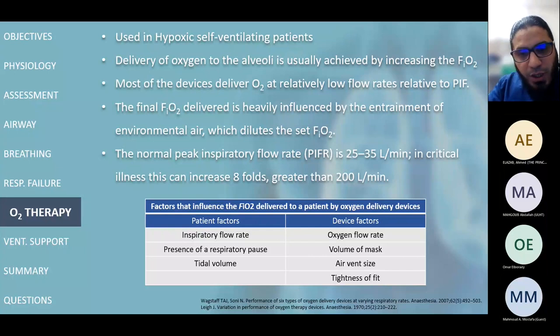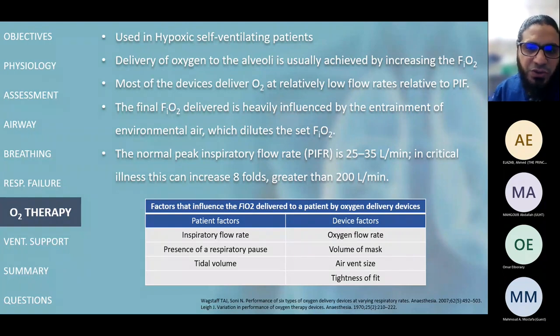So that's why the limitations of using these oxygen devices have two different factors: factors with the patient himself and factors with the device. The patient, as we said, his inspiratory flow rate is very, very important because you have to match the demand. In normal breathing, after inspiration there will be a pause.